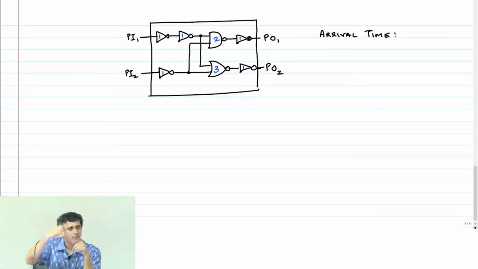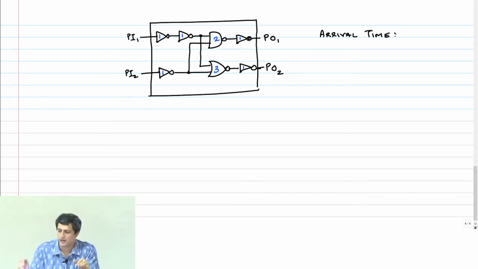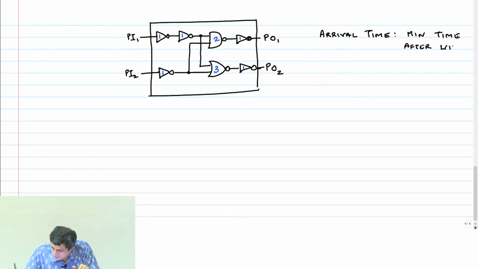Okay, so you could have some transitions and then it will stabilize to that output. Okay, that's what we are calling arrival time. It is the min time after which the output of the gate is stable.